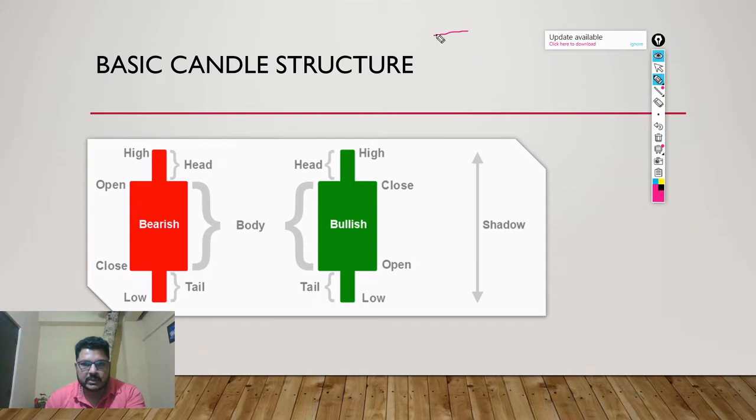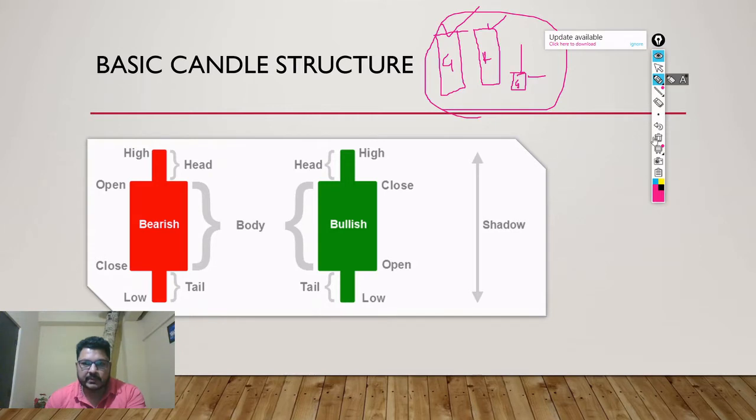You can always see a candle which is full green or full red, or a candle which has like a 50% body. It can be red or it can be green. These are the main patterns: either full green, full red or 50%. Just keep this in mind when we go to the live chart.